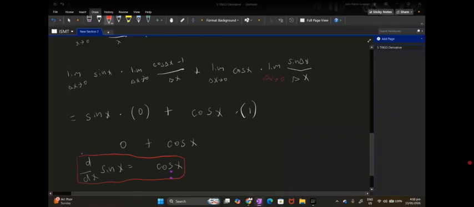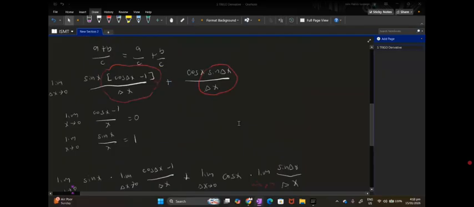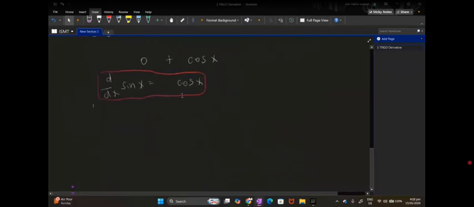Gets po ba? Meron po bang problem o meron po bang clarifications? Okay po. Then, same lang po siya sa process ng cosine of x. Gusto niyo rin po ba siyang i-solve?